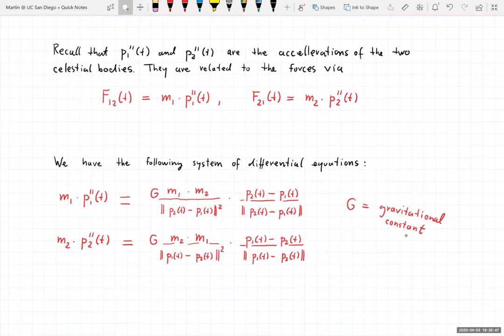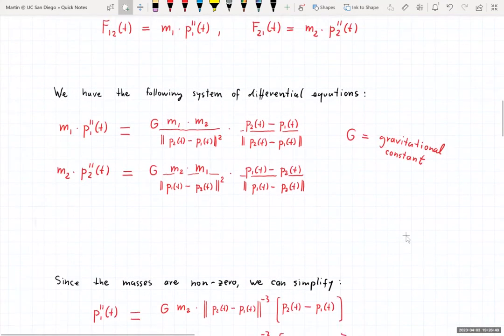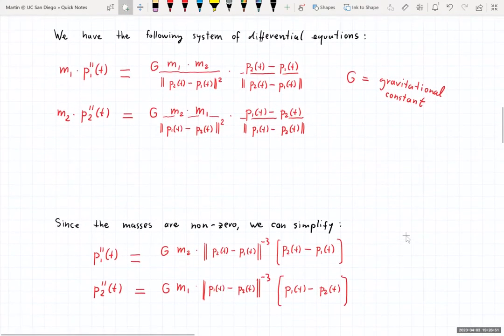Now let's also simplify this a little bit. We divide both sides by the mass.